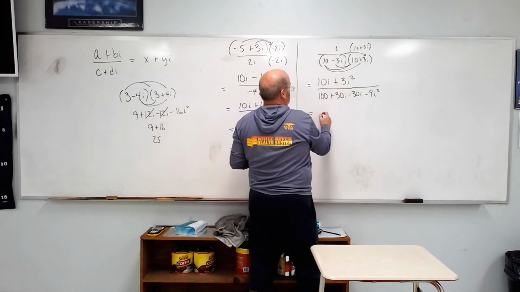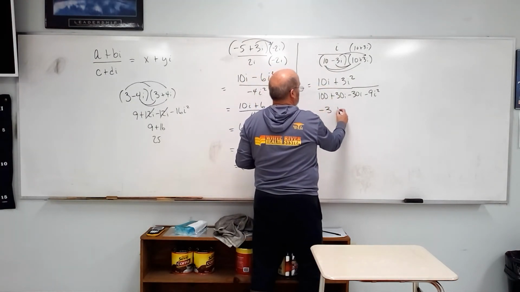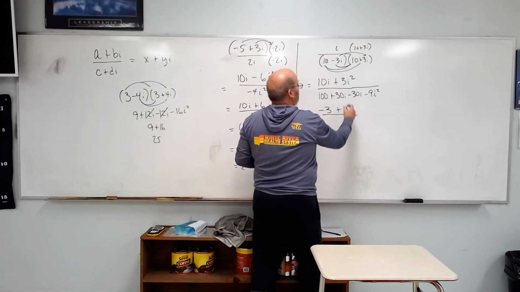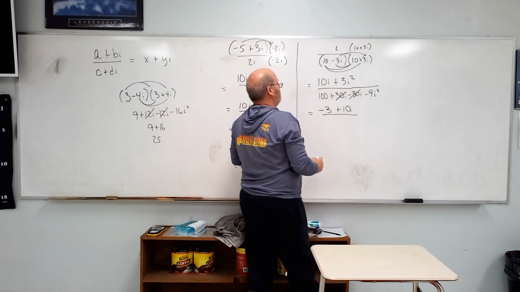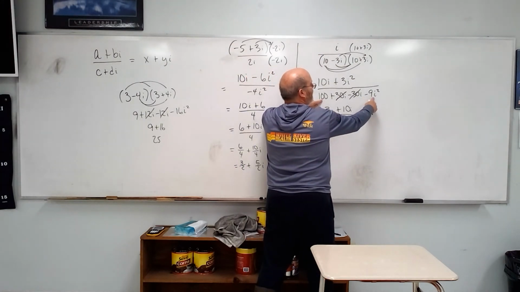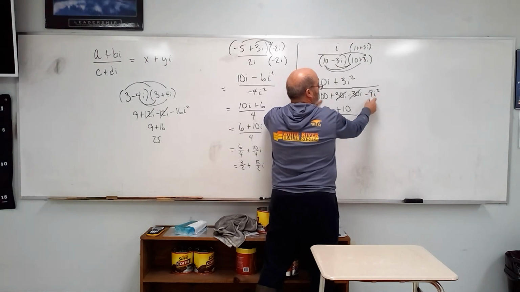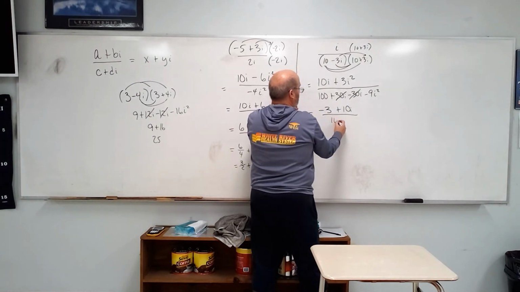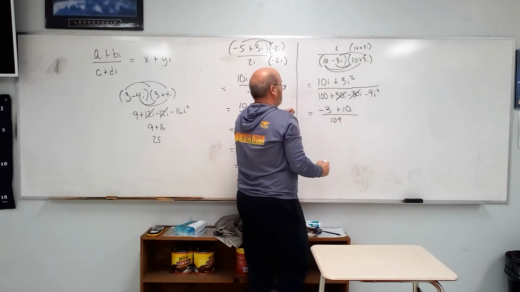Because of the commutative property of addition, I can say that's negative 3 plus 10i, so I get it in the correct form. In the denominator, my 30i's cancel. I have 100 minus 9i squared. Negative 9 times i squared is negative 9 times negative 1, or plus 9. So this becomes 109.